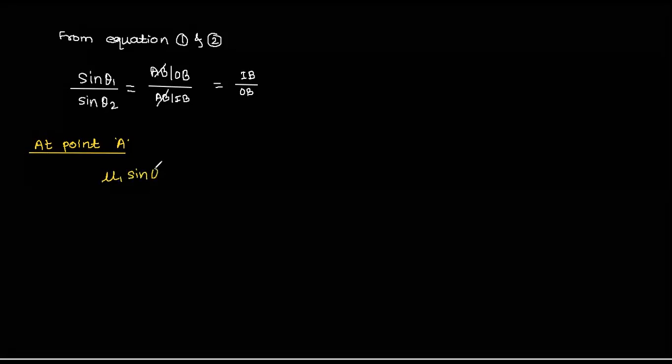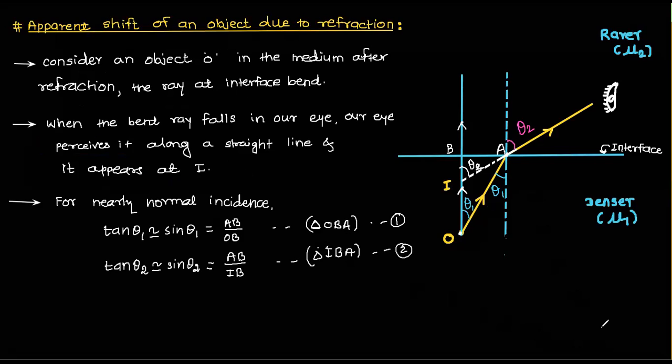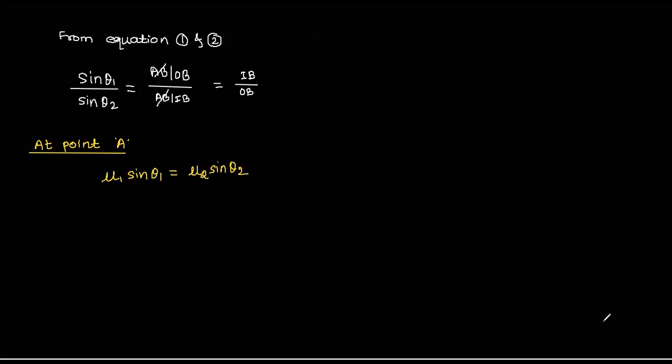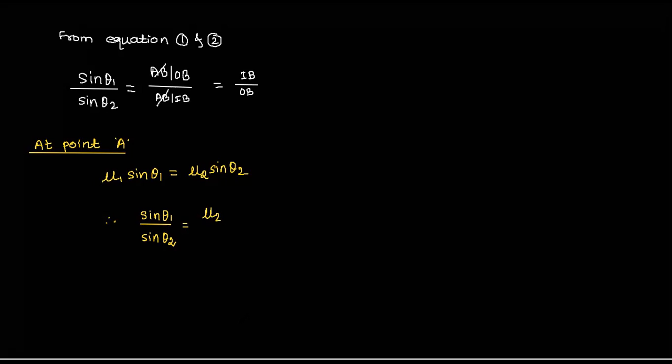Right? So therefore sine theta 1 divided by sine theta 2 is equal to mu2 by mu1. Keep it in a box.